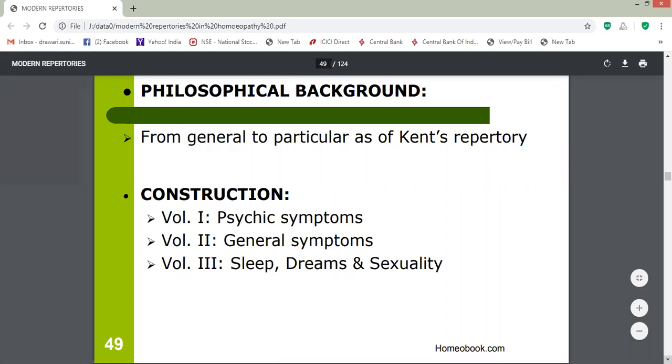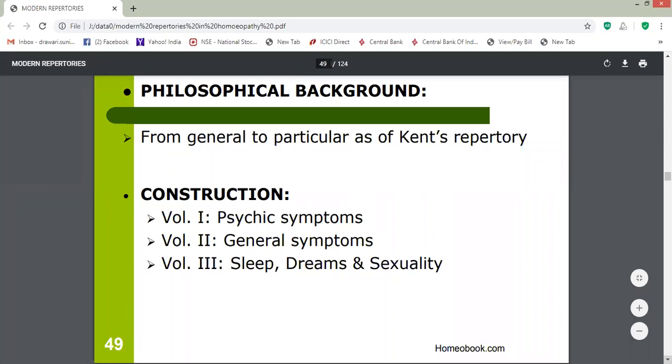In this way, only 2 chapters related to sleep and sex were given in this repertory. Under sleep only dreams are given, and there are 3 groves: one for sleep, the second for sex male, and the third for sex female.